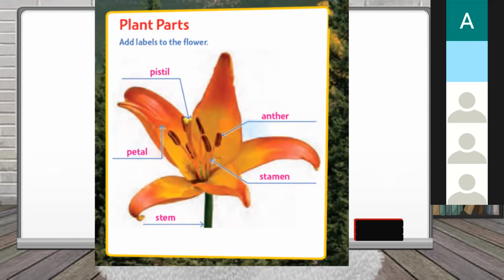I have a garden in my house. In the flower, when I cut the stem, a white sticky thing comes out. What is this?